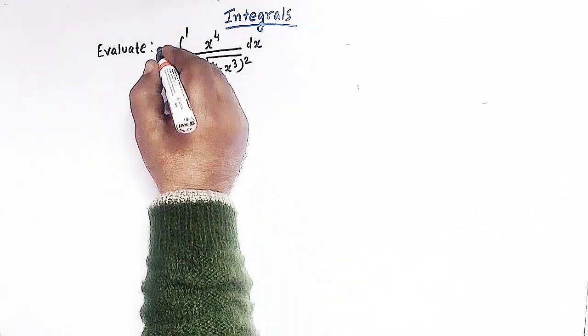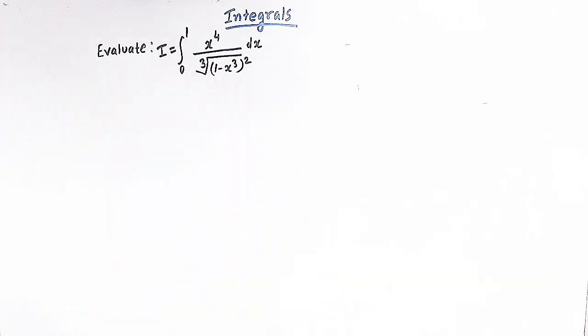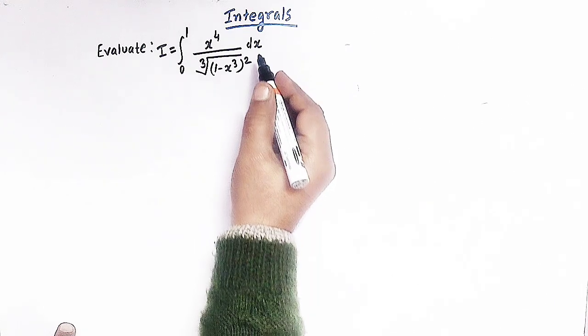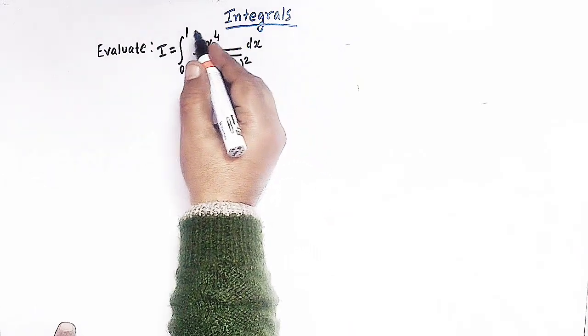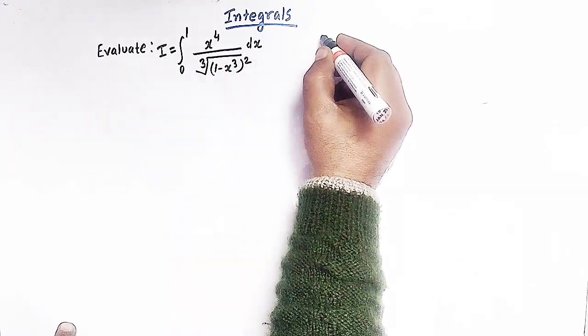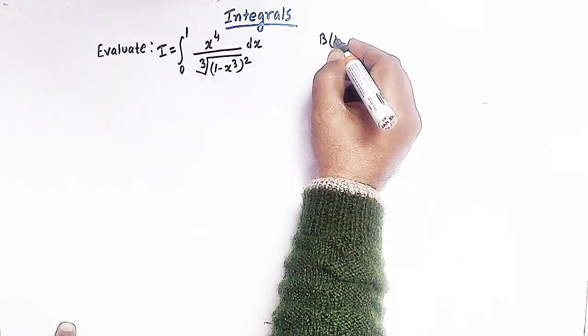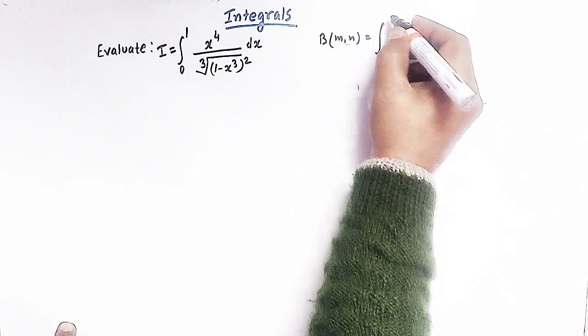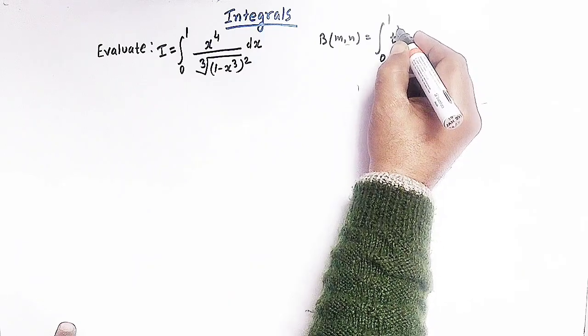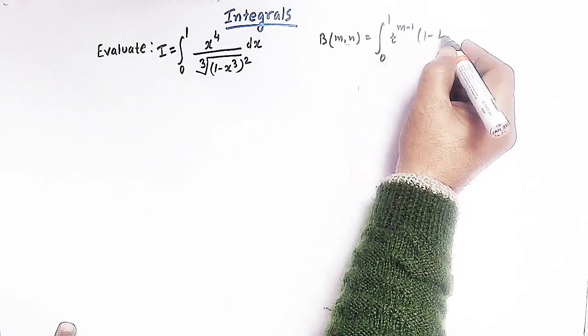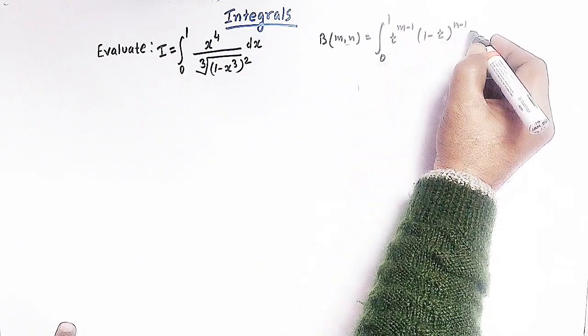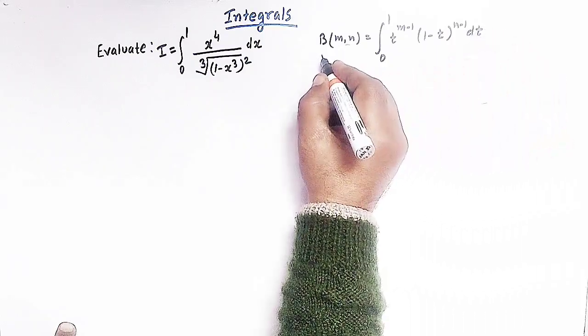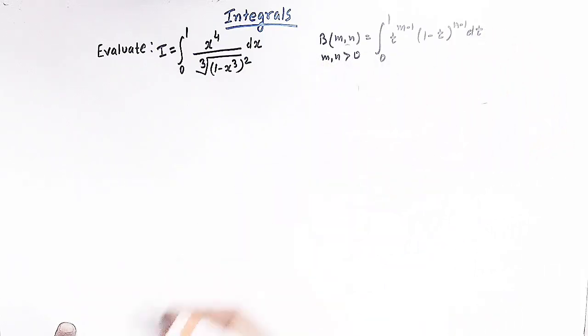So let us call this integral I, and let us start with the method of substitution, right? Because our aim is to convert this integral into the beta function, that is beta(m, n) is equal to the integral from 0 to 1 of t raised to m minus 1, times (1 minus t) raised to n minus 1 dt, where m and n are greater than 0, right?